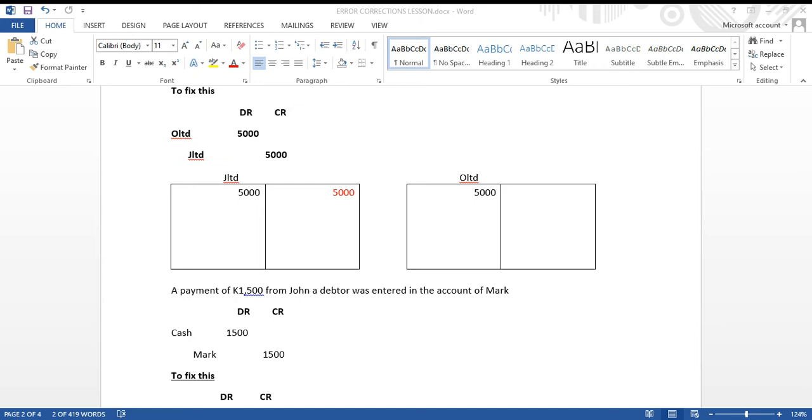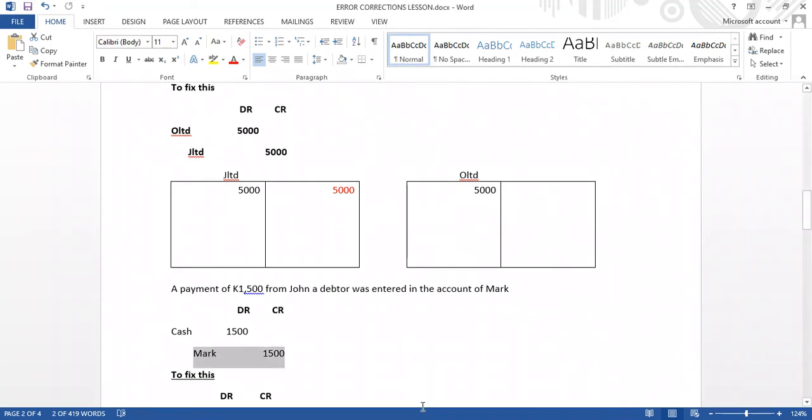I have a question. I understand that we are dealing with the cash account and the receivables account. So why do we use Mark instead of receivables? Does it mean both John and Mark have their own separate accounts?